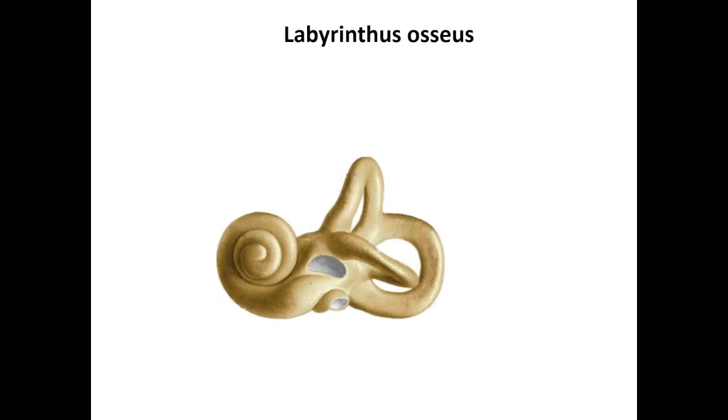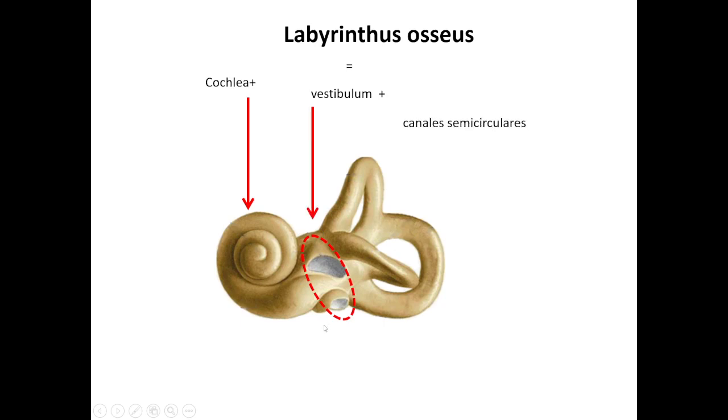Here it is, labyrinthus osseus. It consists of cochlea, this part, it is cochlea, and vestibulum, this part is vestibulum, and canales semicirculares.